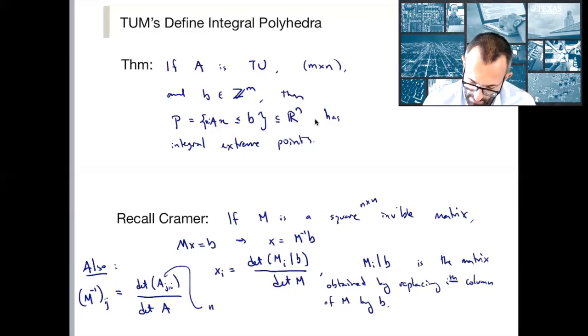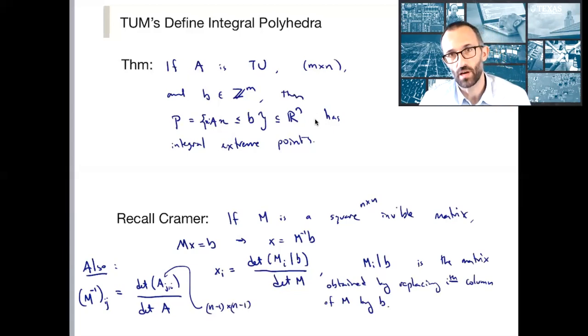Aj is the n minus 1 by n minus 1 square matrix obtained by deleting the jth row and the ith column.